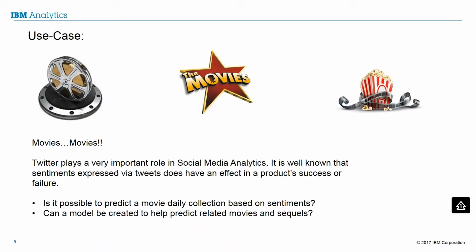So the idea was, based on the sentiments that are available, is it possible to measure that and create a model that can predict the daily collections, and once the model is created, can that model be applied to related movies or sequels, and how close can we come to the truth or to the actuals?